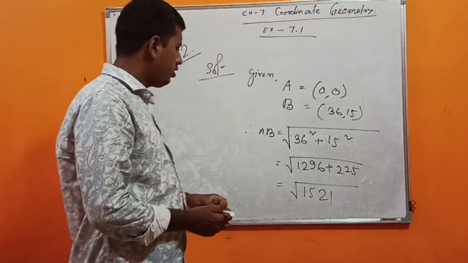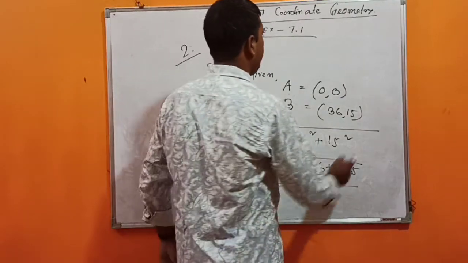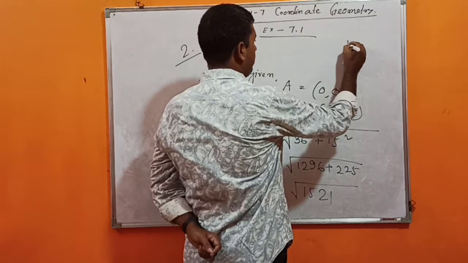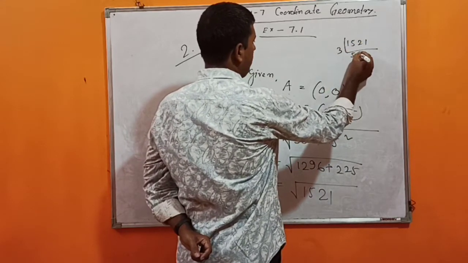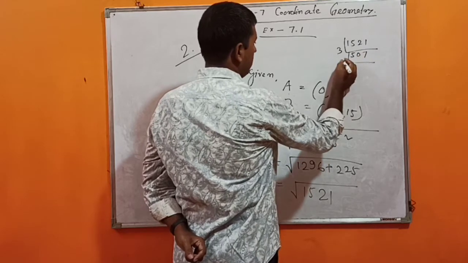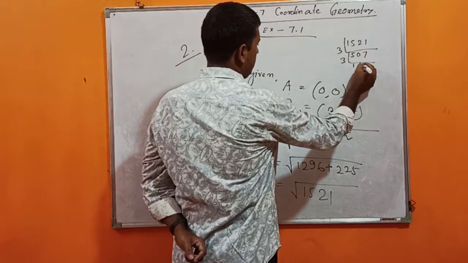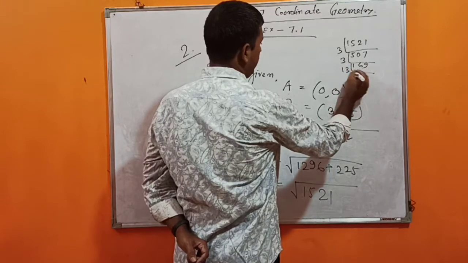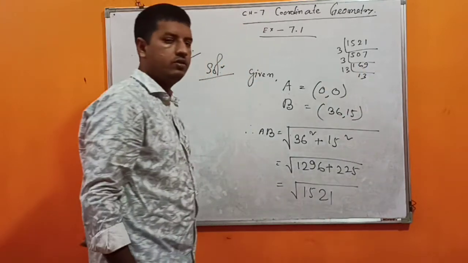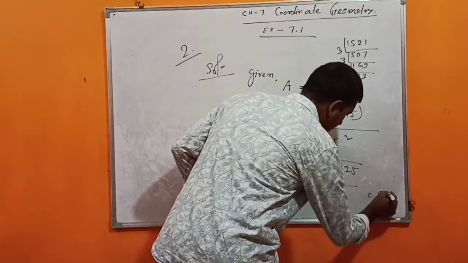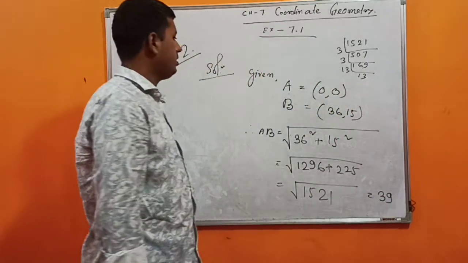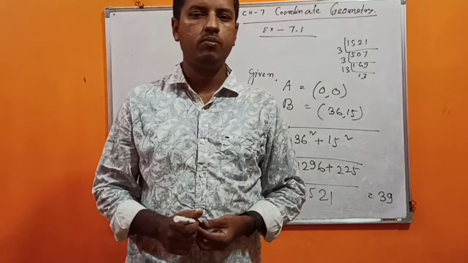If we take the square root of 1521 by splitting it into prime factors, we get 3 into 3, 13 into 13. Taking one from each pair, we get 3 into 13, which means 39. So 39 units will be the distance of (36, 15) from the origin.